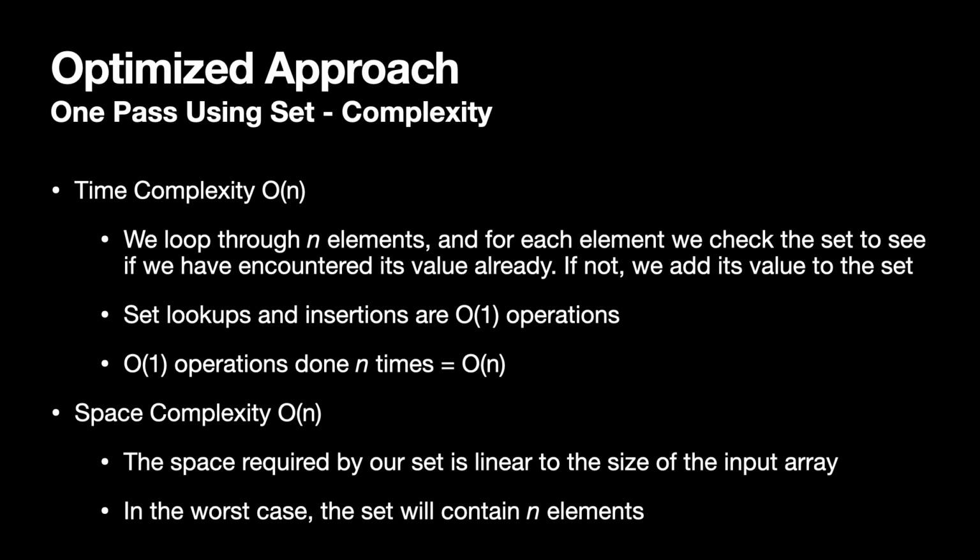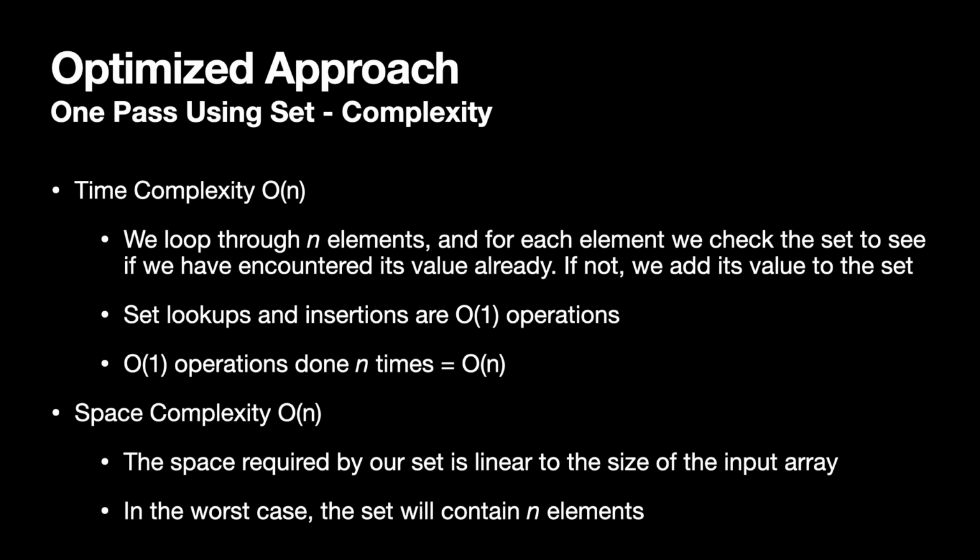Set lookups and insertions, however, are O(1) operations, and since we carry out O(1) operations n times, we end up with a time complexity of O(n). The space complexity of this approach is O(n), as in the worst case, the set will contain n elements.